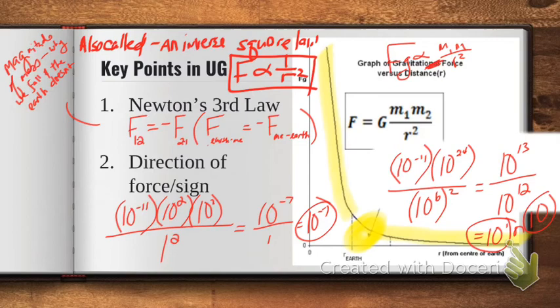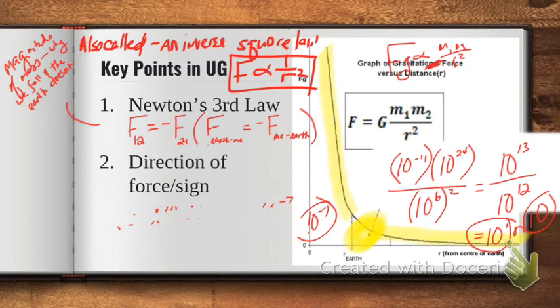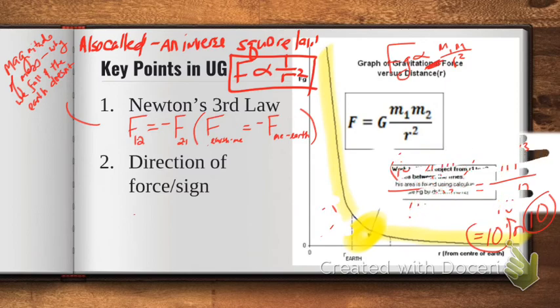All right, so now let's talk about the direction. We just said that there's a force of gravity acting on everybody. So what is the direction of the force? Now, there will be times when you are asked what is the difference between the force of gravity and the force of something else, and you're supposed to compare and contrast.